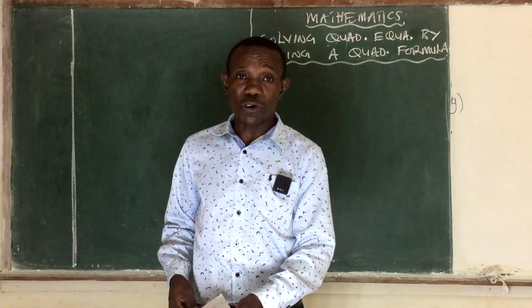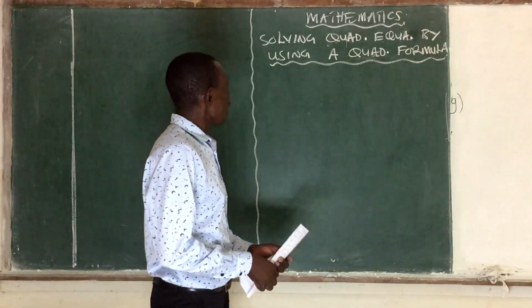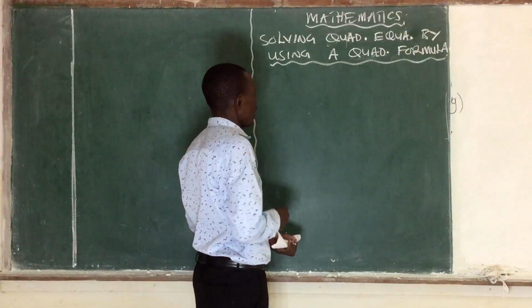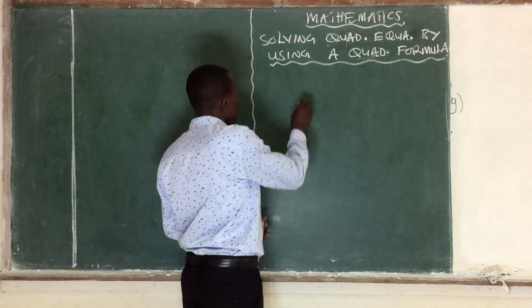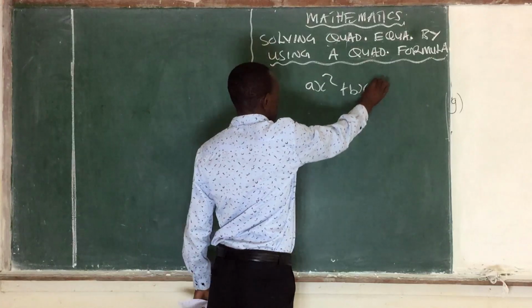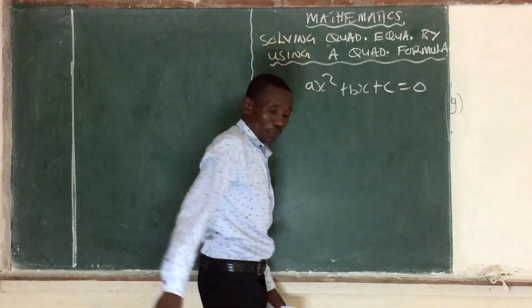In the last video, we discussed how we can derive the quadratic formula from the form of the quadratic equation, which is ax squared plus bx plus c is equal to 0.